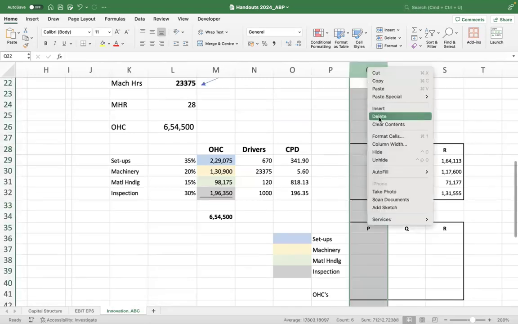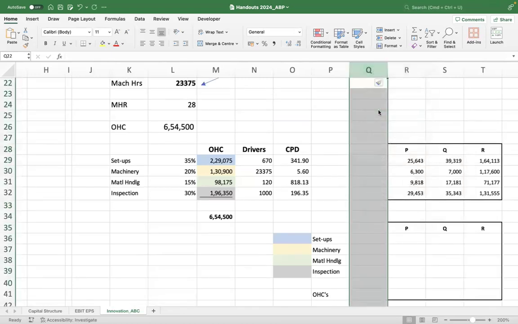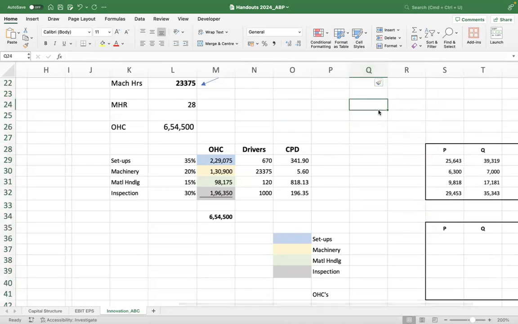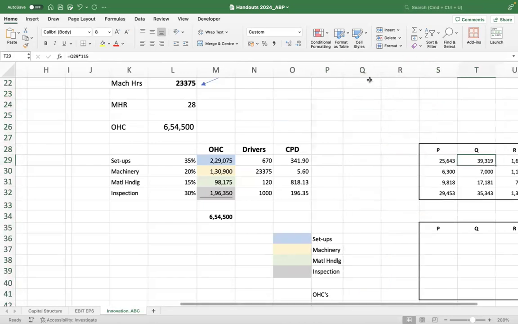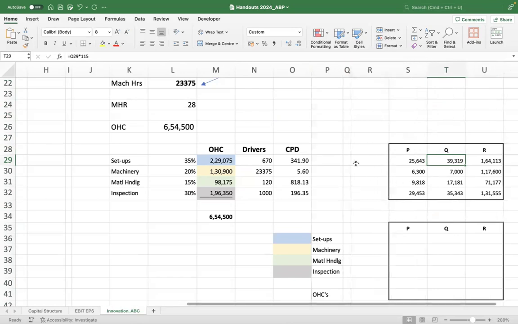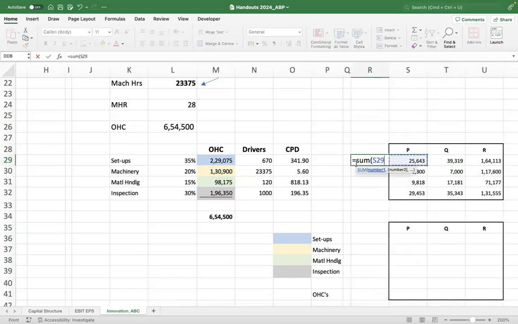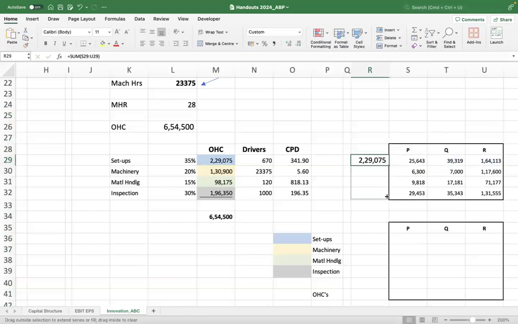Now what we will do is we can just take a total of these costs. You will get the same costs that you got here, which means now I have effectively apportioned the costs between P, Q and R. देखो same cost है, लेकिन अब वो बराबर से split हो गया.